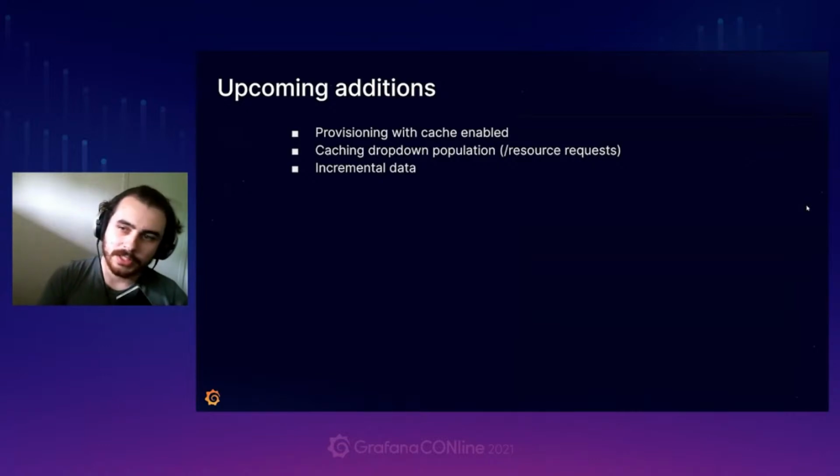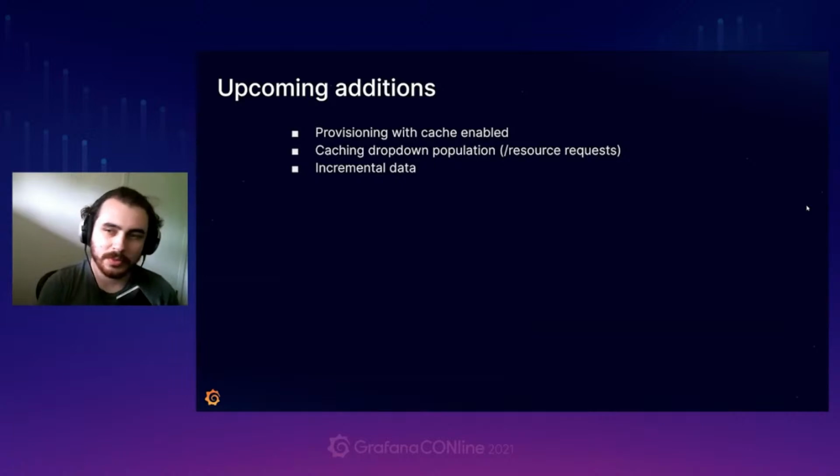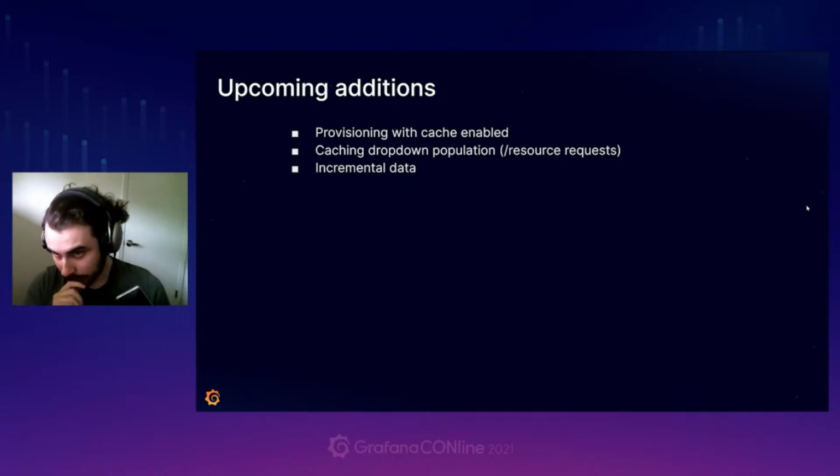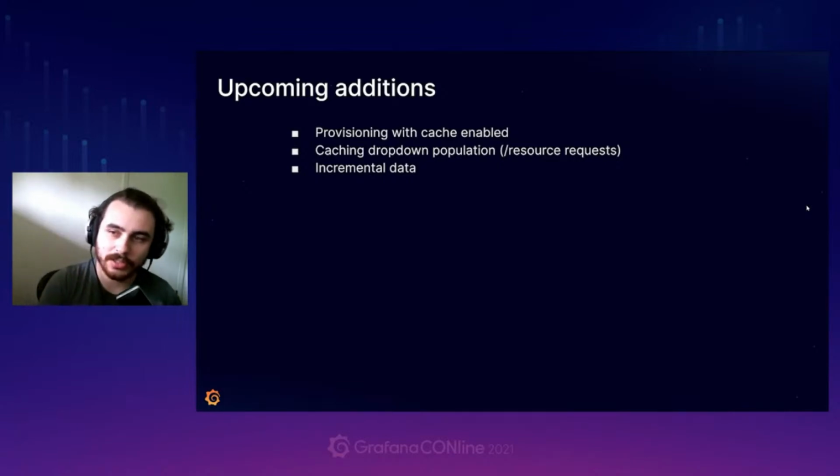Some of the upcoming additions for caching are that we want users to be able to provision their data sources with caching enabled, because we know that it's a little bit cumbersome to go into the data source settings for every single data source and click enable. We want to cache values that are populating dropdowns in query editors.